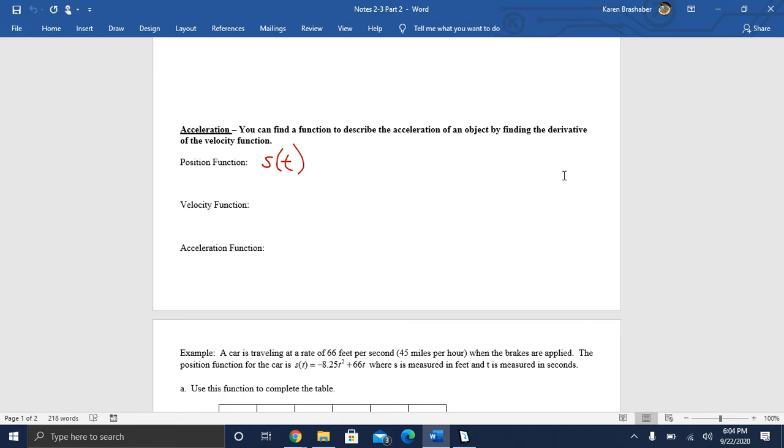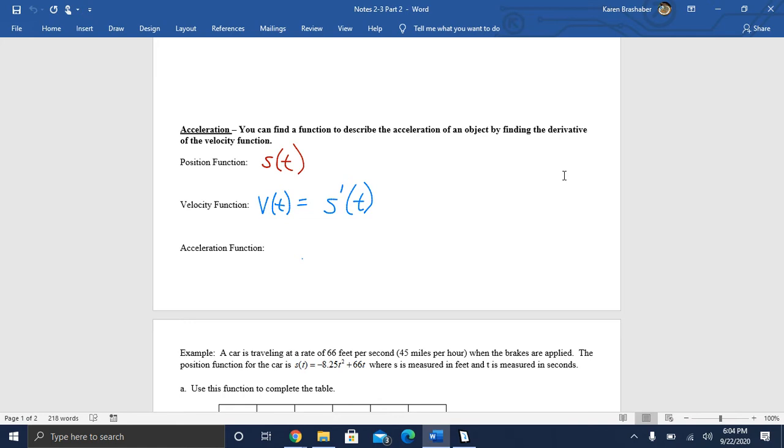So the most basic information is the position of an object. And then some more information about an object would be its velocity. And hopefully you remember that the velocity, v of t, is found by doing the derivative of the position function. So velocity is the derivative of position.